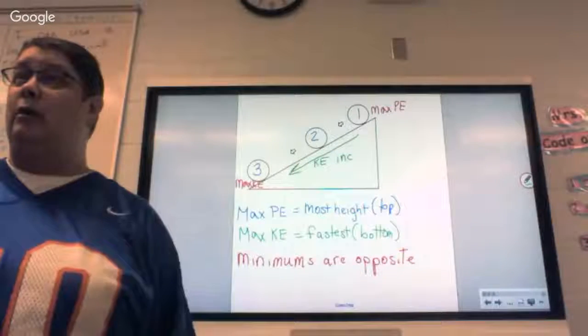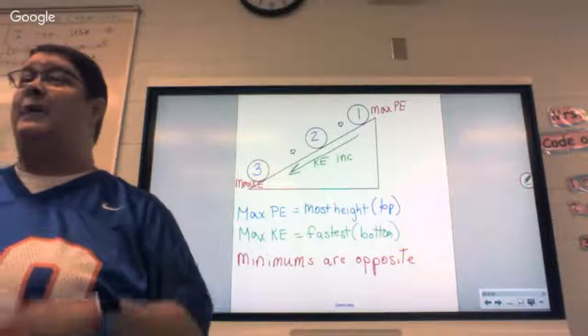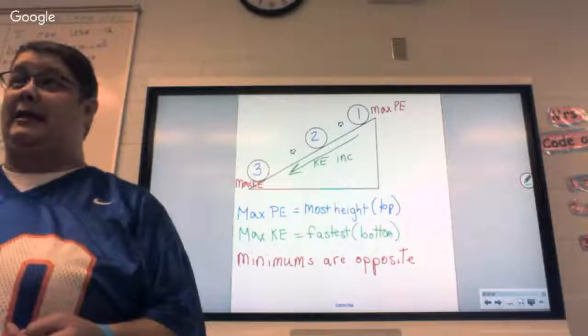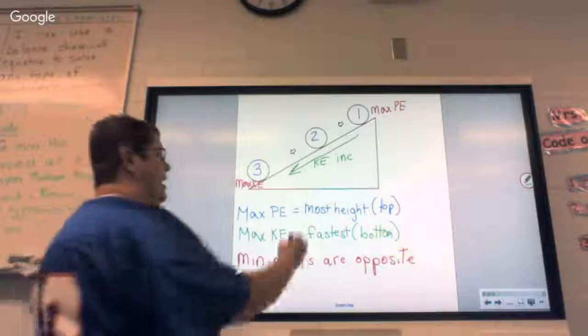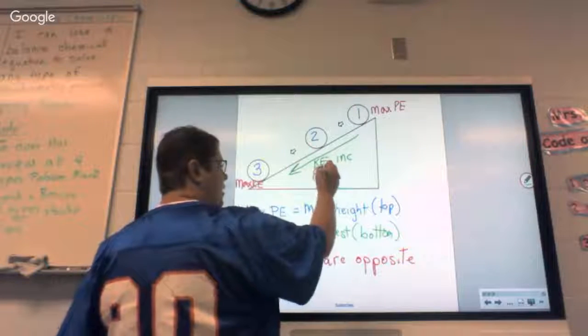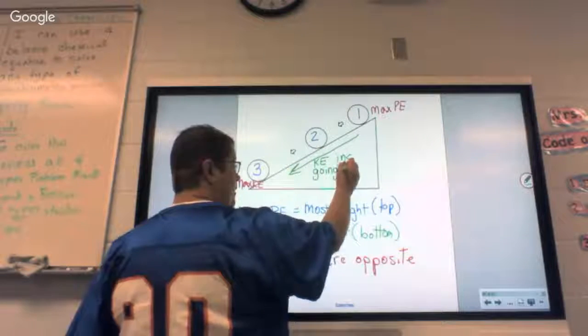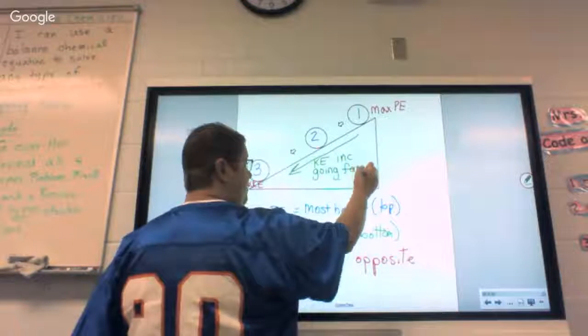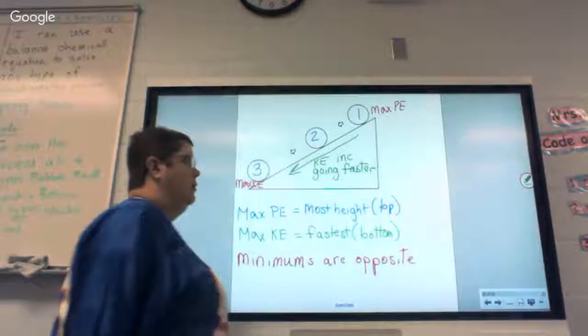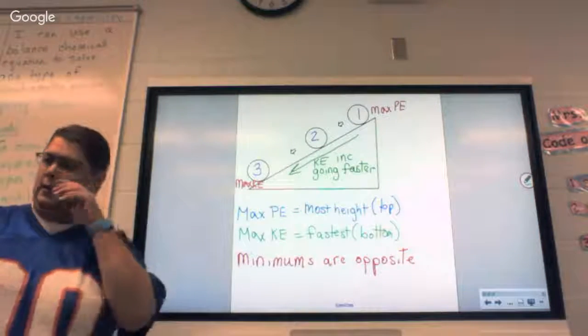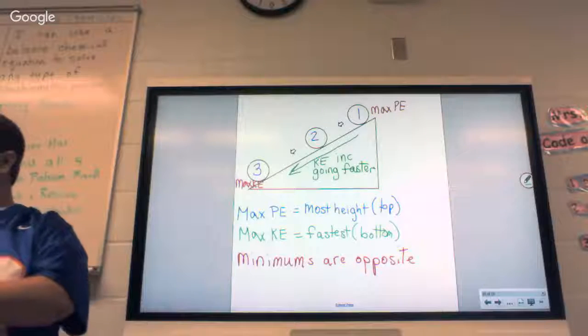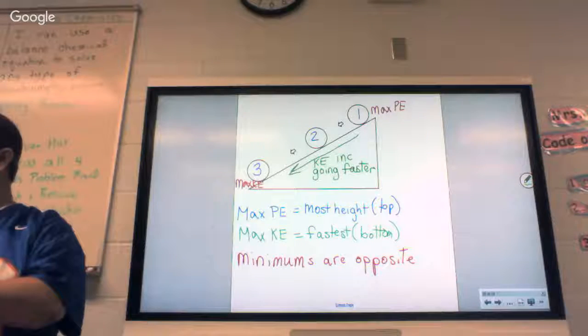What's happening to its velocity or speed? That's right. Kinetic energy increases because it's going faster. Kinetic energy increases going down because it's going faster.